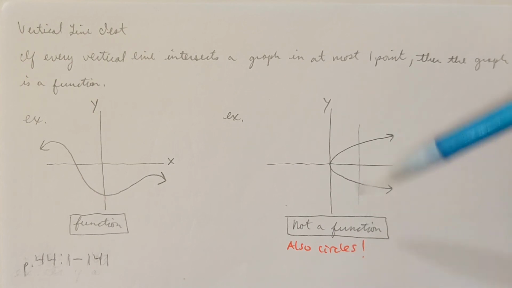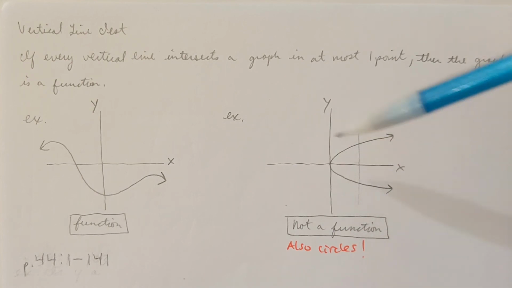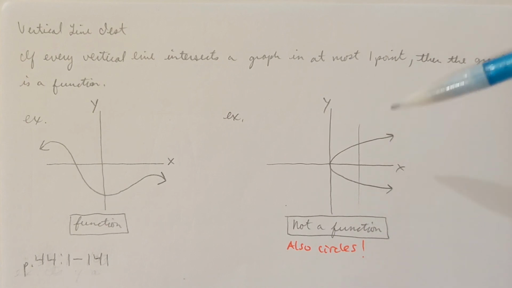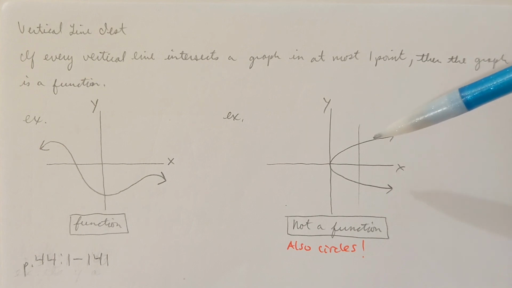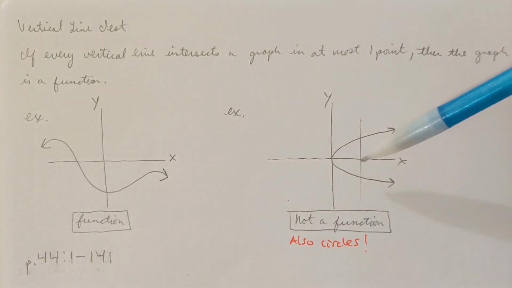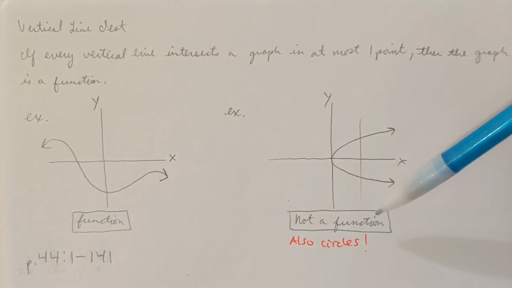Also, circles are not functions. If I were to draw a circle anywhere and use the vertical line test, a vertical line drawn anywhere would intersect a circle at more than 1 point, and therefore it is not a function.